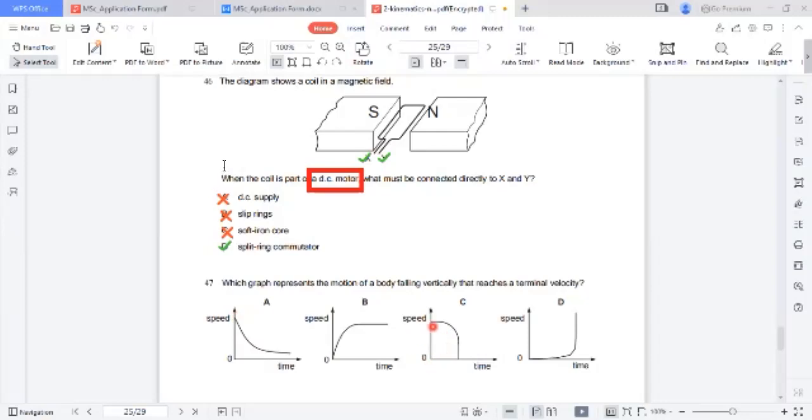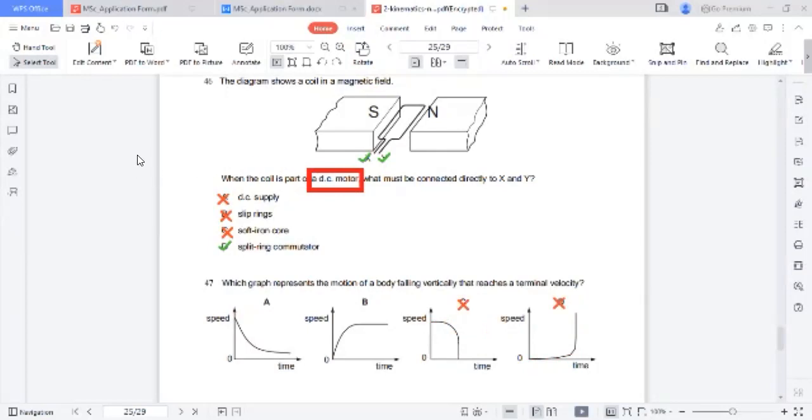Or look at the C part. It says initially the speed is very high, with the passage of time its speed decreases and comes to 0. That's wrong. Look at the D part. It says initially its speed increases a little, then it shoots to an infinite speed. So all these things are just wrong.